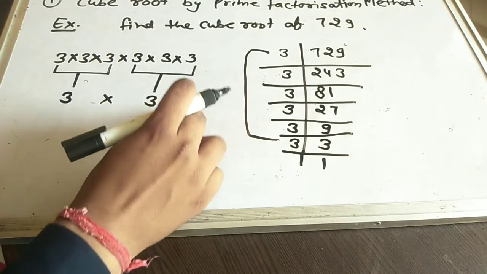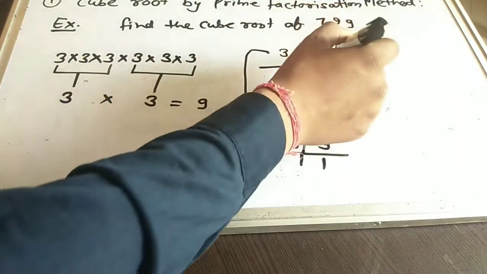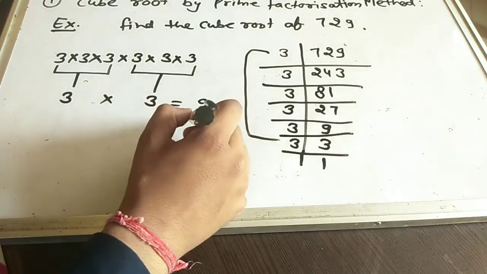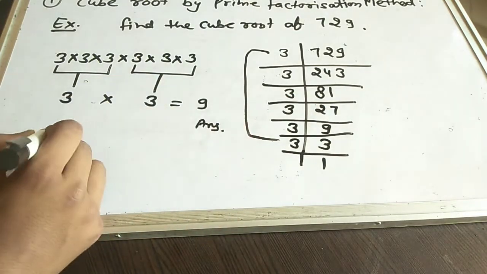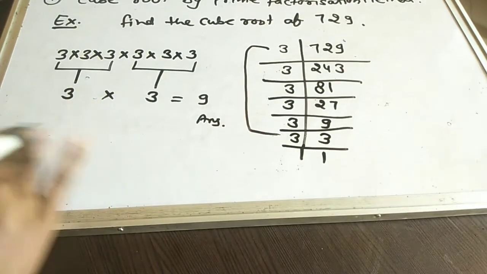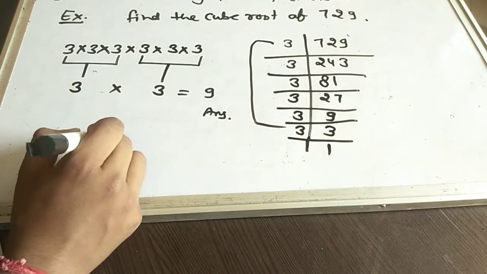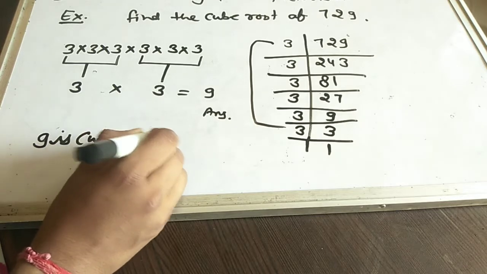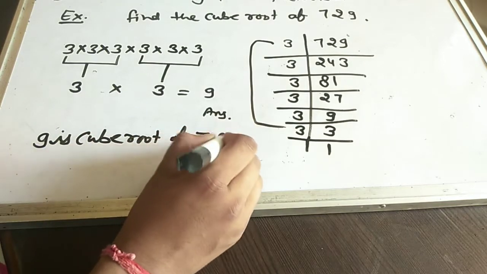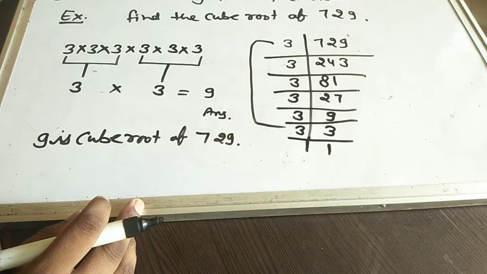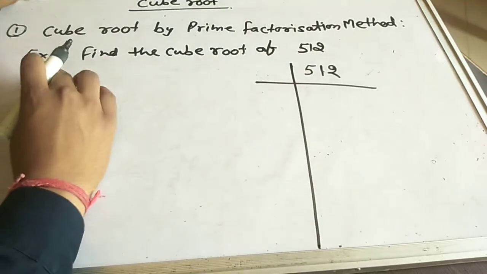So students, 9 is a cube root of 729. So we have to write 9 is cube root of 729. Understood?